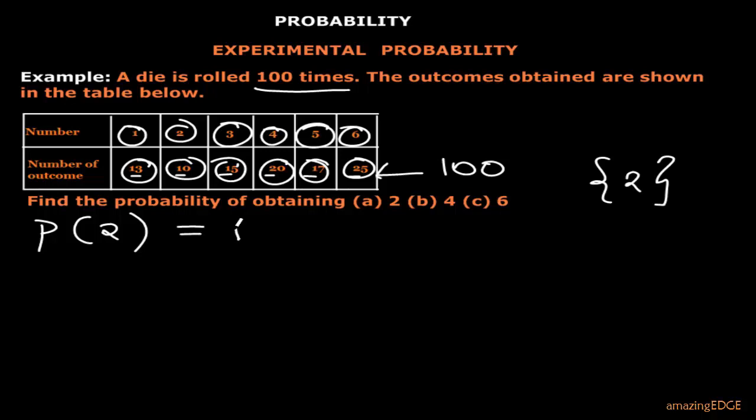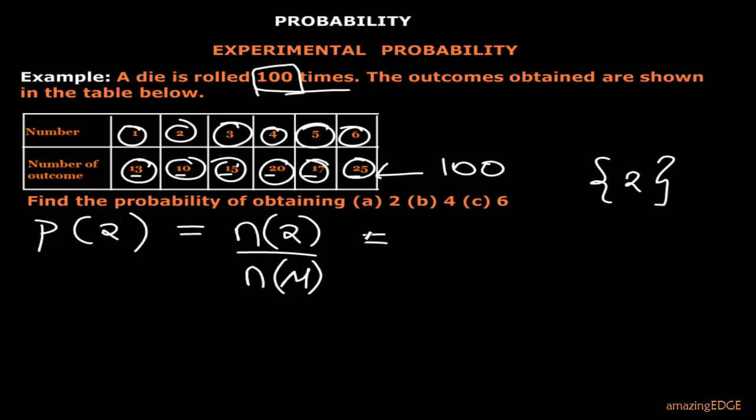Then the probability is the number of elements in that set over the number of elements in the event space, that is, the universal set. What will be the universal set? That is the possible outcomes. The total possible outcomes is the 100 times you roll the die.